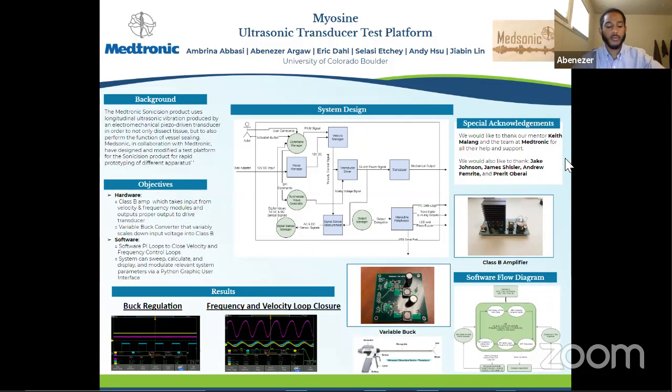Our Class B amplifier, which drives our transducer, requires two inputs: a sine wave that will be amplified and used for the transducer, and also a voltage rail for the sine wave, provided via our buck converter. Pretty much allowing the buck converter to stay at this high rail would mean that our system would be less energy efficient, but overall it just reduced the complexity of the project for us to complete this on time as well.